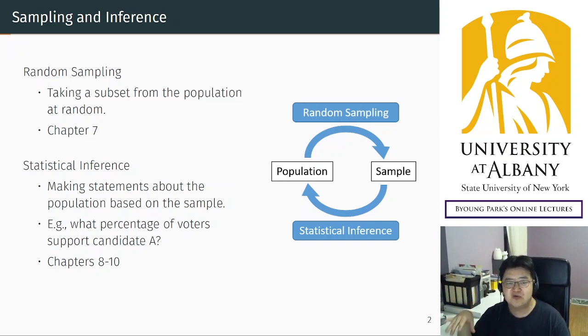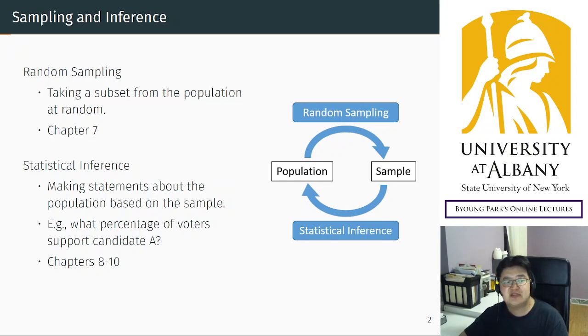And what we're going to do in this chapter and in the later chapters is going the other way. What we hope to do is to infer about the population using the sample. So we observe the sample, but we do not know about the population, but we would like to know the population. Therefore, we will go the other way, from sample to population. That is statistical inference. We studied the random sampling first because we have to go the other way in inference.